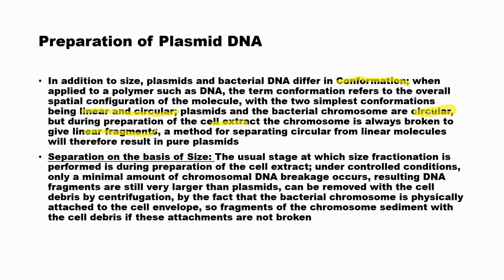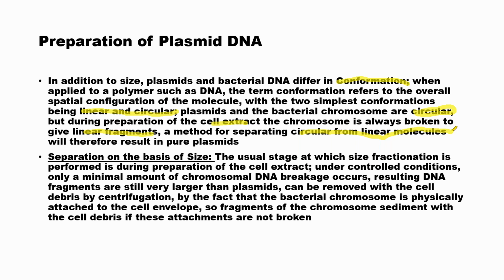Most of the chromosomal DNA and the plasmid DNA are circular in nature, but when we go for a cell extract preparation, the larger chromosomal DNA can break down to give linear fragments. Hence, we can also go for a method for separating circular from linear molecules.